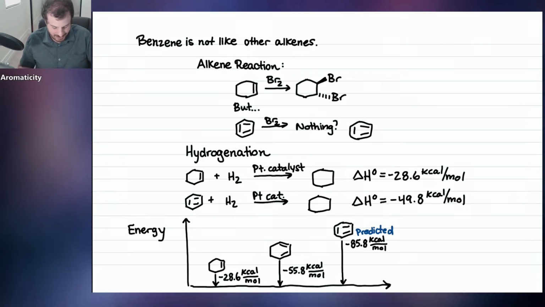But the actual value was even less than the second one. Down here is where cyclohexane is, just plain cyclohexane. The actual value was just negative 49.8.